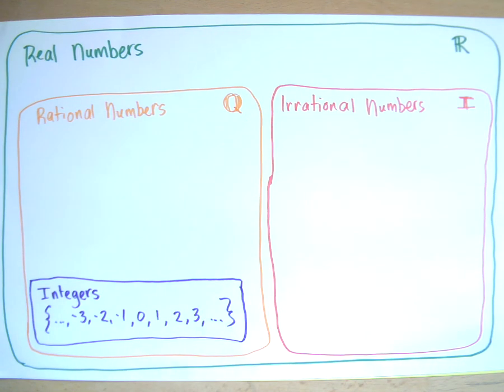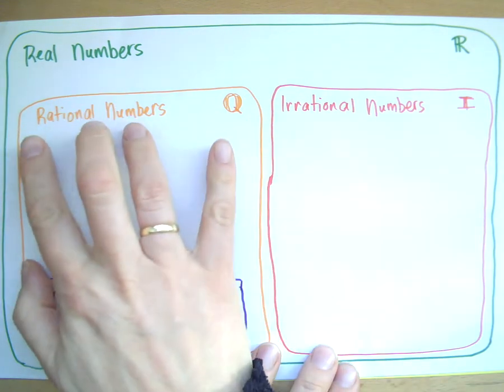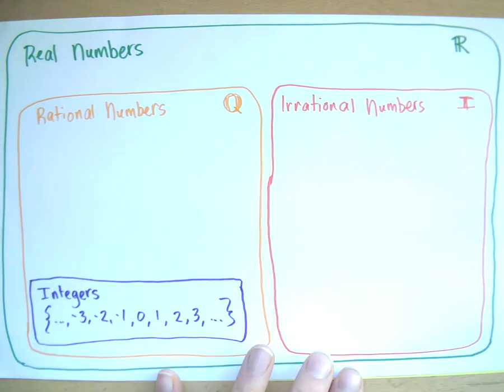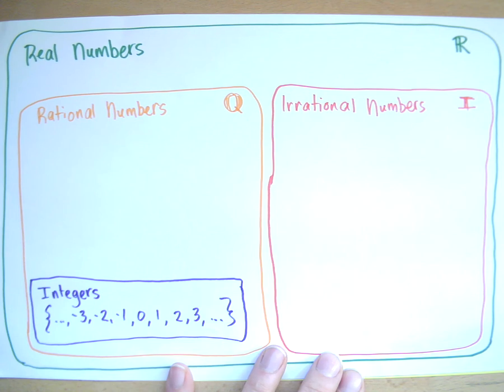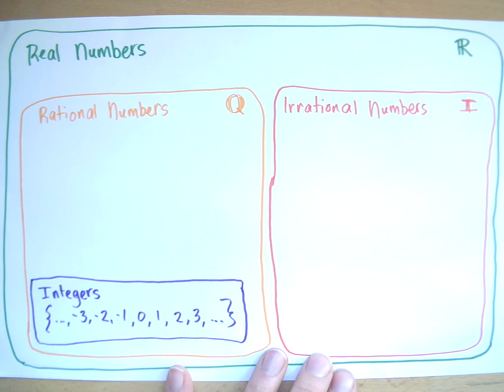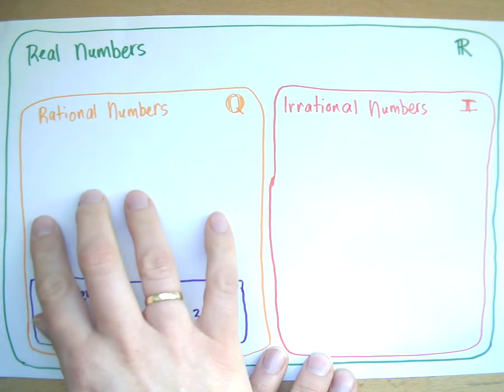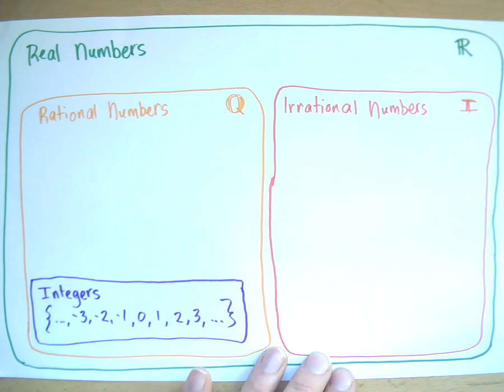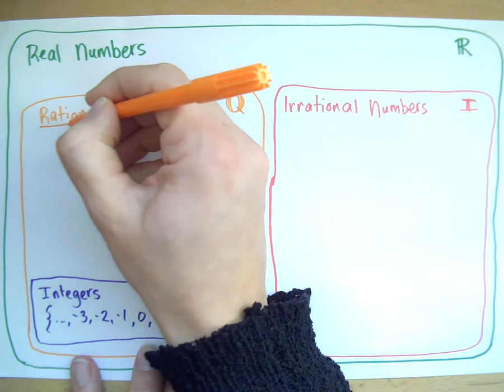Okay, so how do we know if a part of a number is rational or irrational? Integers are, by definition, rational numbers, but some parts of numbers are rational, some parts of numbers are irrational. Okay, let me write down the definition. A rational number, the word ratio is in there.